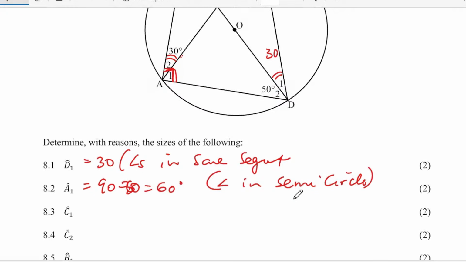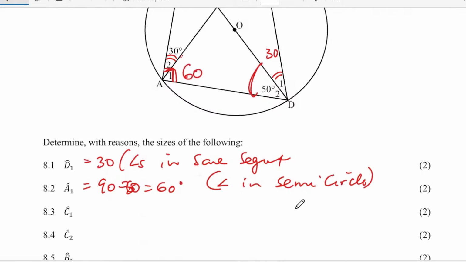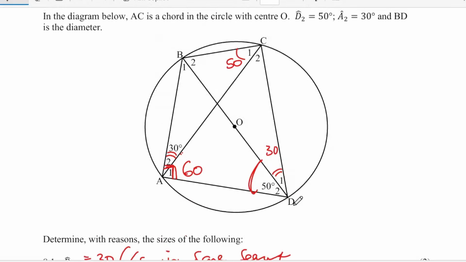Then C1, this angle here, is the same as the 50 here, because it will be angles in the same segment also. So C1 is 50, angle in the same segment.